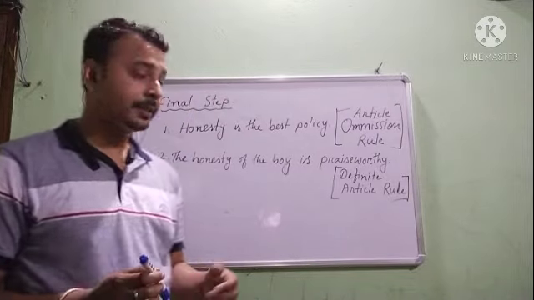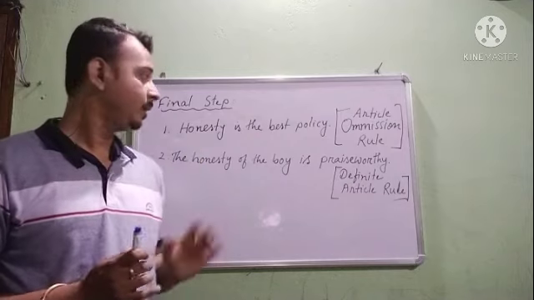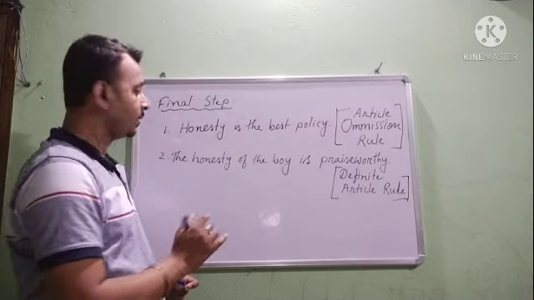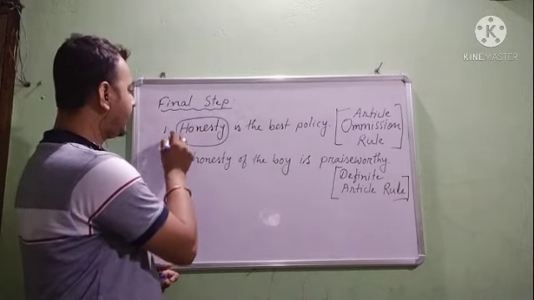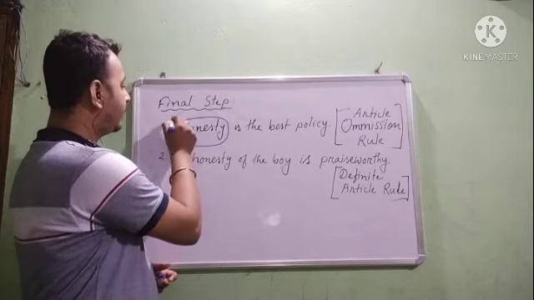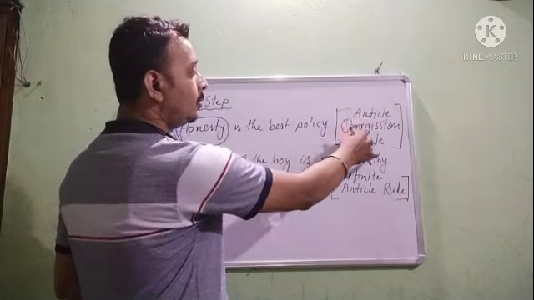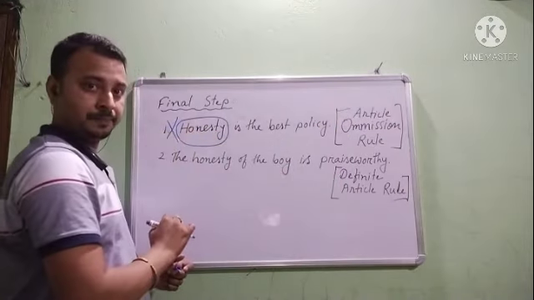So students, there is just one final step. Okay, here: "Honesty is the best policy." Honesty is an abstract noun, and before honesty I have not used any article. It was the article omission rule that before an abstract noun we don't use any article.